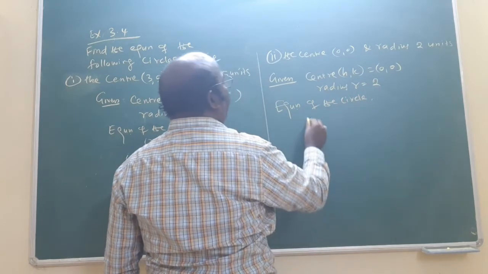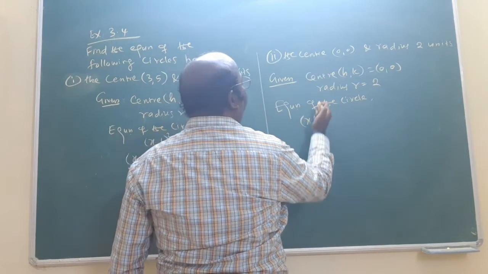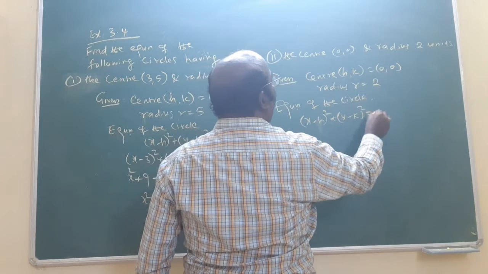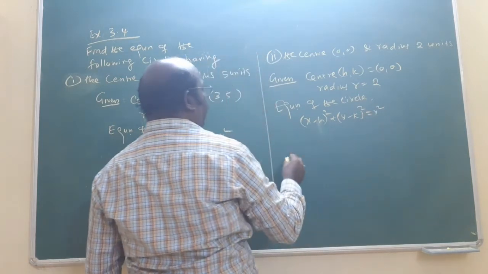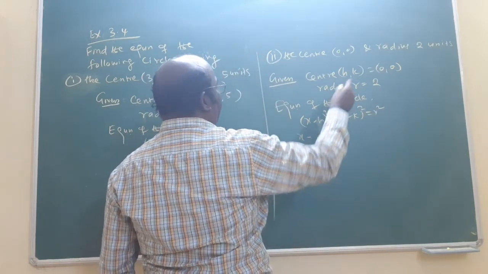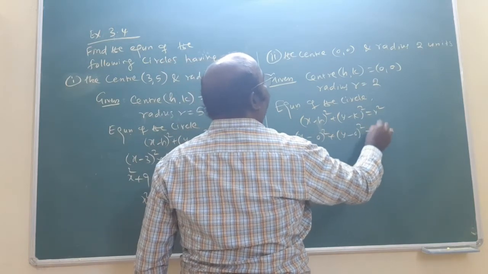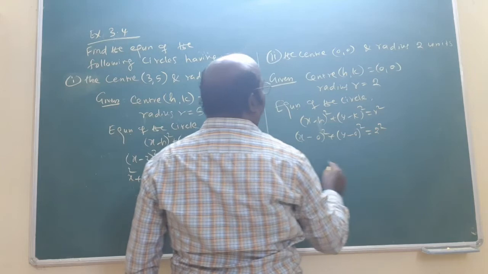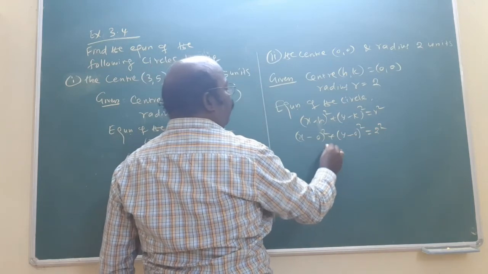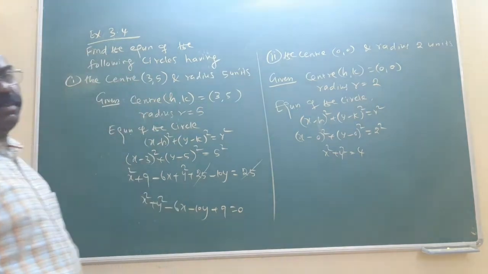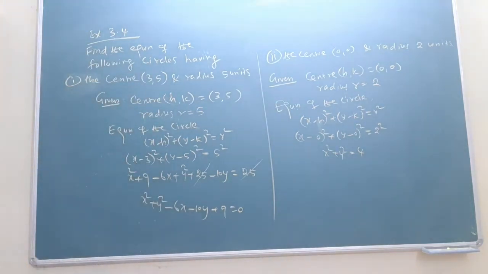What is the formula? (x − h)² + (y − k)² = r². h is 0, so (x − 0)² + (y − 0)² = 2². x − 0 is only x, so x² + y² = 4 is the answer. That's all. Both use the same method.